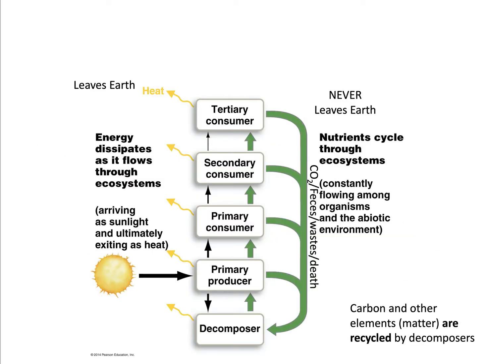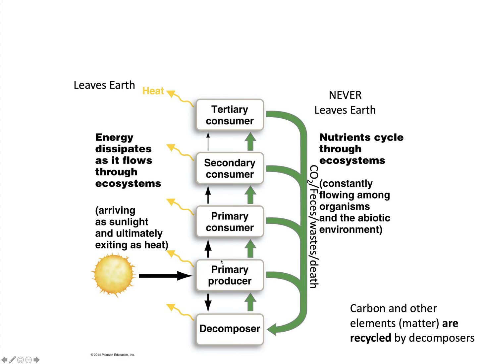And so if we look at the basic way that energy flows and matter cycles through a community or through a food chain or through a food web, we can use this very simplified food chain. So let's just look at the left side of this right here and look at how energy flows through a food chain, okay? So the primary producers turn that sunlight into biologically useful chemical bonds.